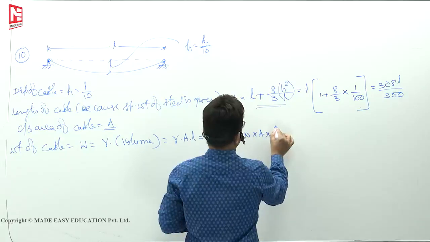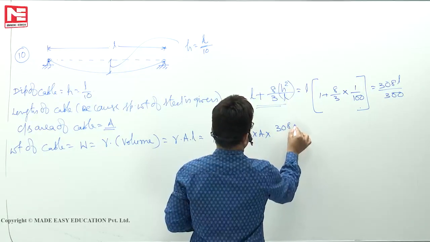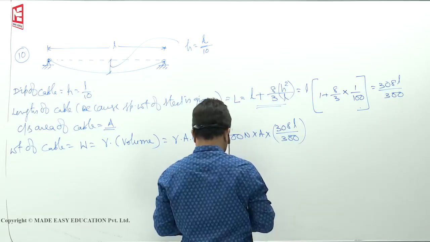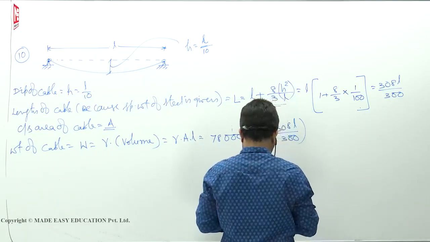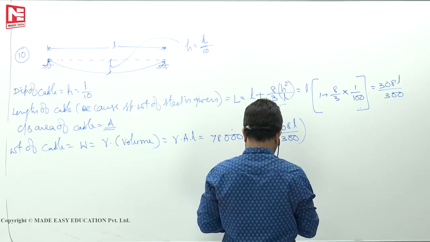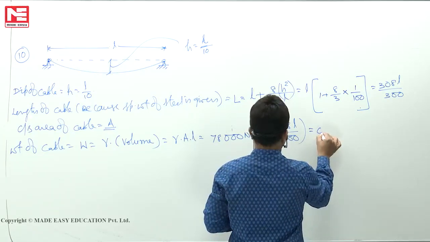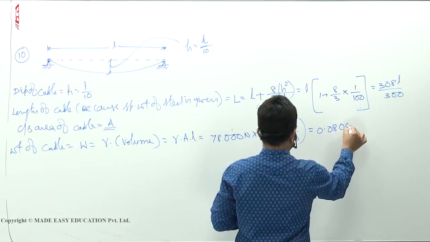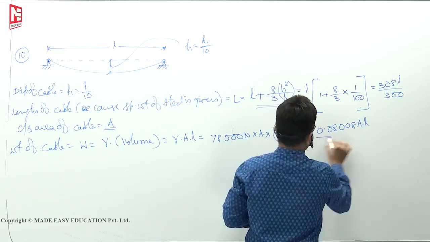Length is 308 L by 300. So you will get this weight as 0.08008 A into L.